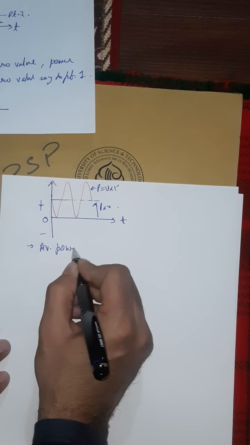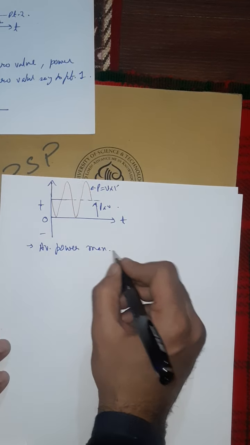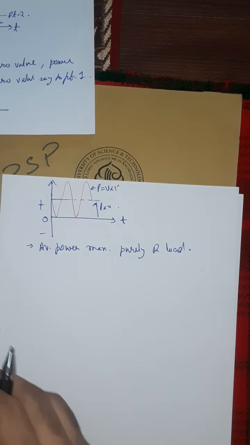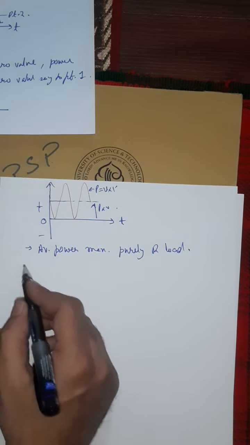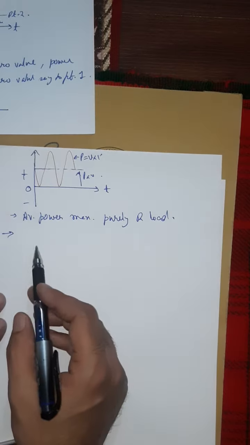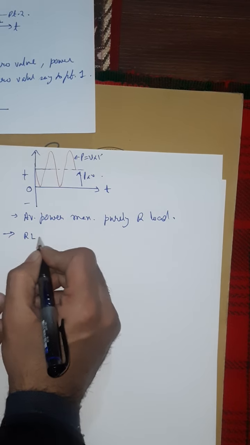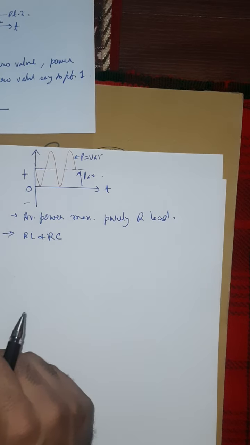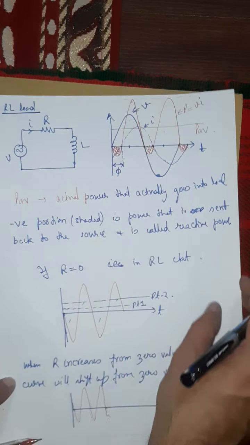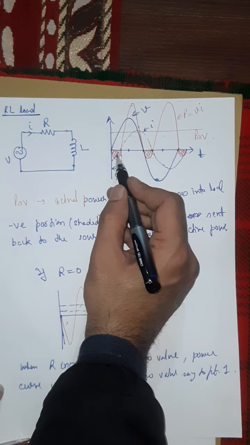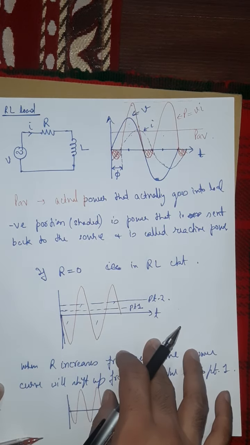And the second point is that for RL and RC loads, some portions of the power curves go negative, like here. Hence, their average values will be lesser than that of a purely resistive load.